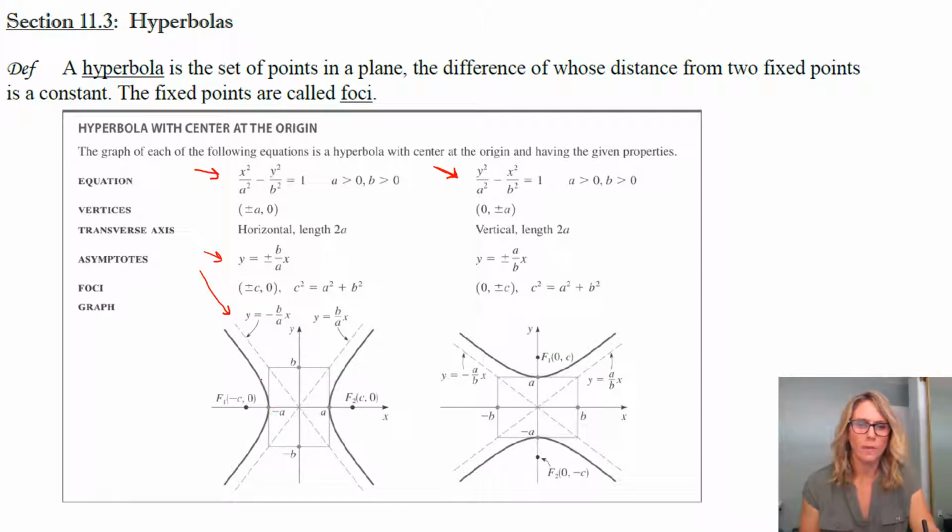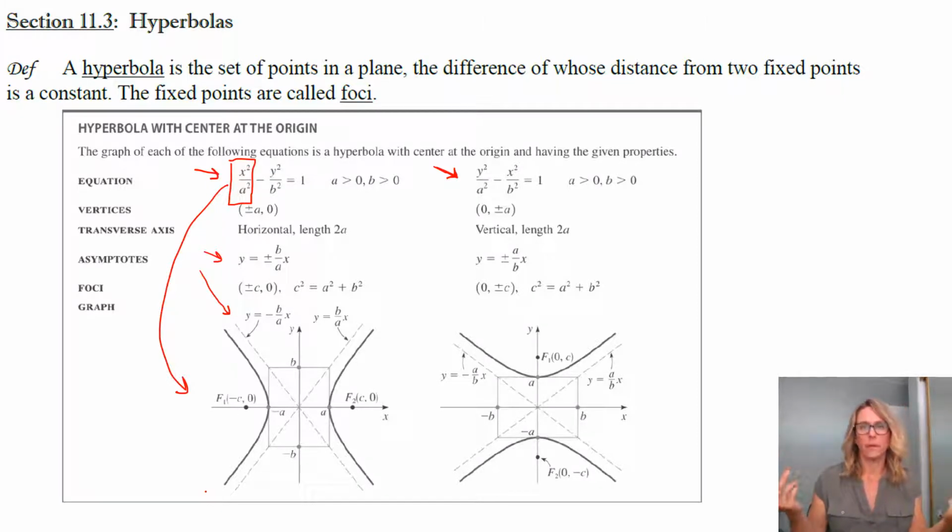So just taking a look at the first one here, and we'll take a look at an example. I want you to notice that because the x squared over a squared is positive, that means that we have x-intercepts, which are our vertices. So that's happening right here and right here. For these hyperbolas we're going to be talking about now, it matters that we can think about 0, 0 in terms of the way this is shaped.